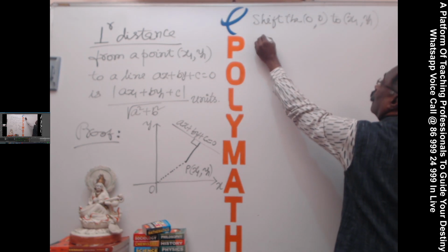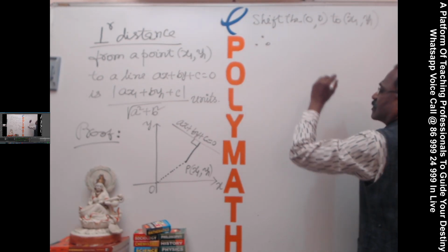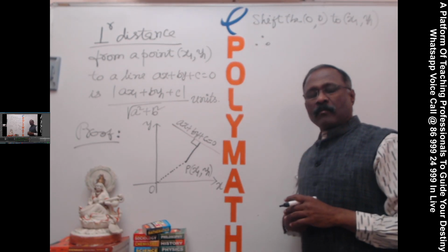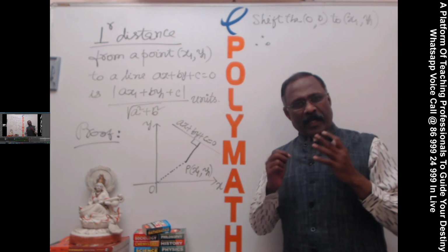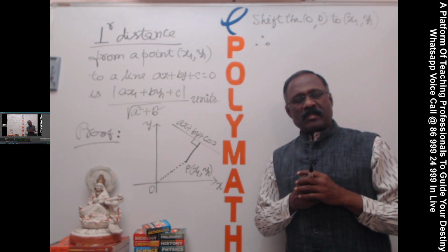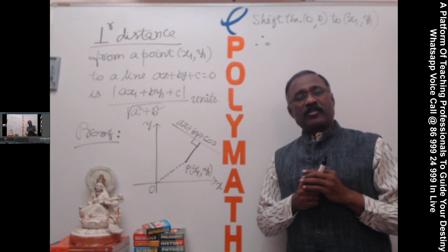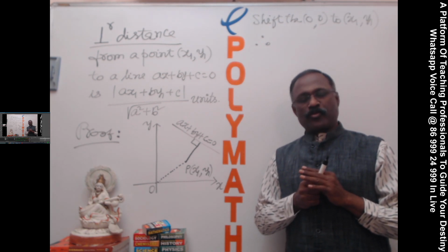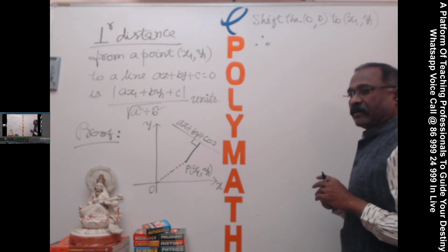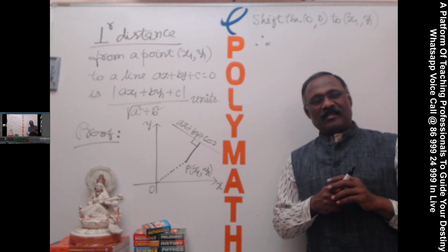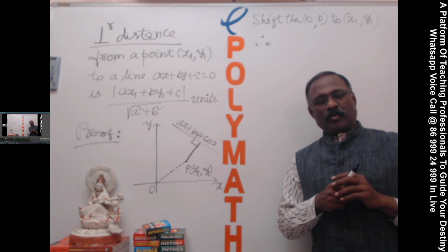Therefore, what is the relation? I discussed this in the introductory videos. In the beginning, I discussed the shifting of origin in the introduction part of coordinate geometry. You must be remembering that original point is equal to new point plus new origin.